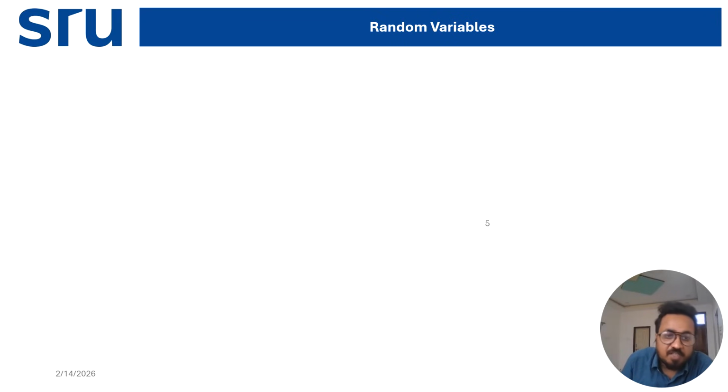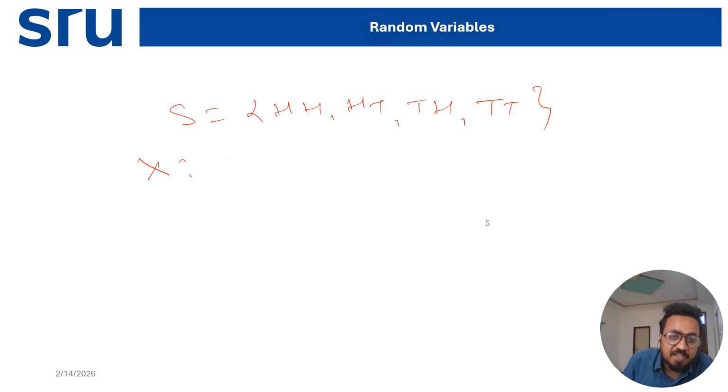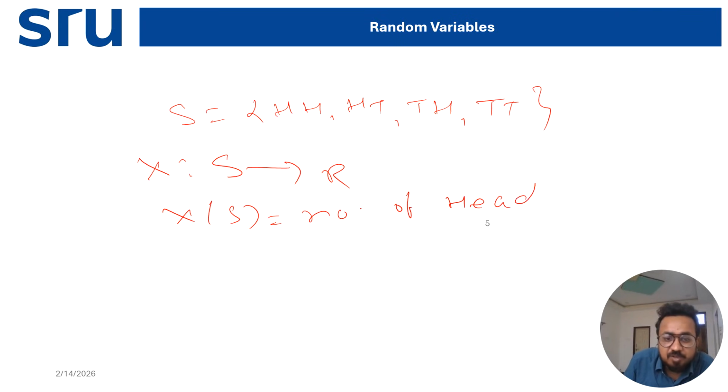If you toss two coins simultaneously, then the total possible outcomes are: head head, head tail, tail head, tail tail, right? And if you define a random variable X from S to R as X of s is equal to the number of heads, then we will write as what?